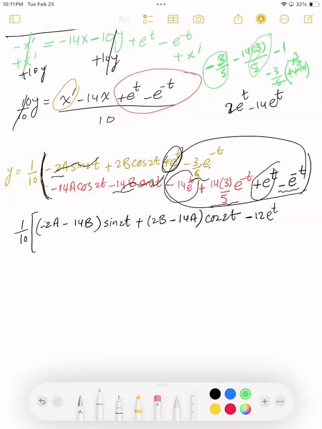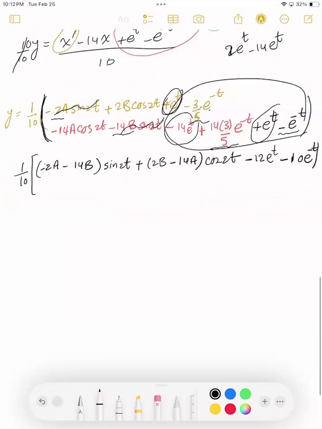And negative 9 and negative 1 gives me negative 10. And we're almost done. We just go ahead and divide everything by 10.